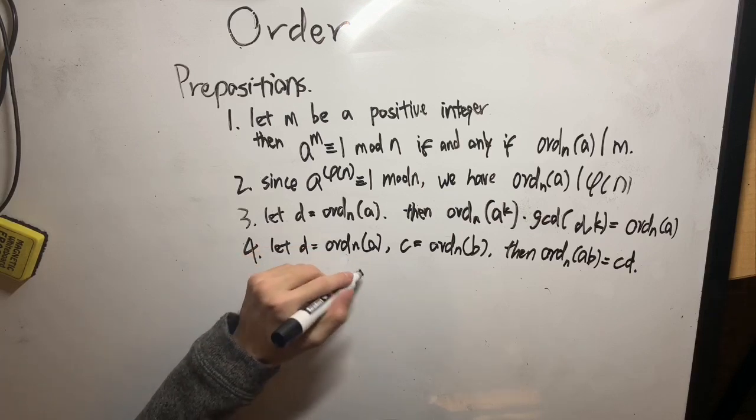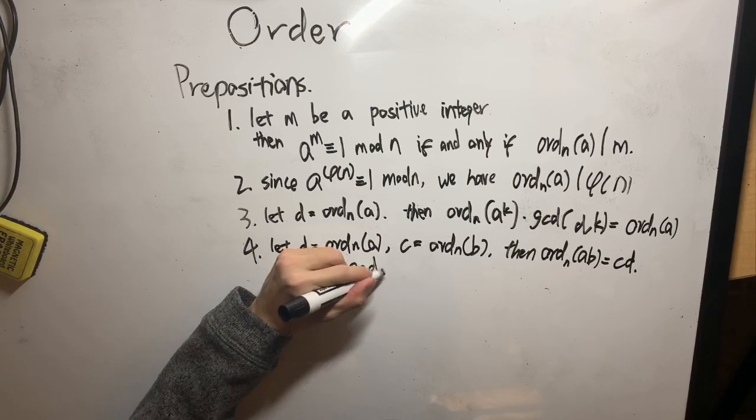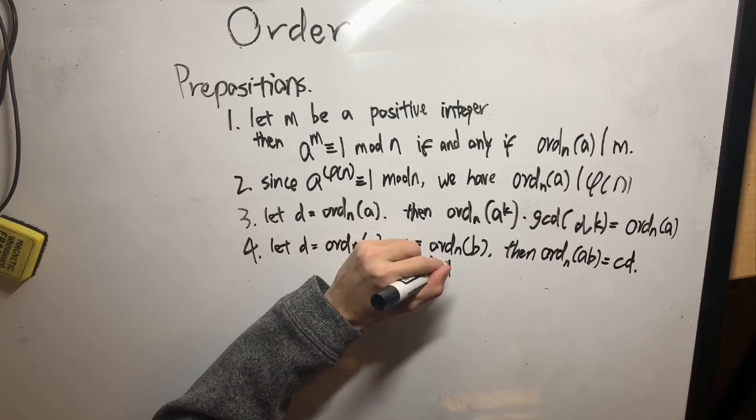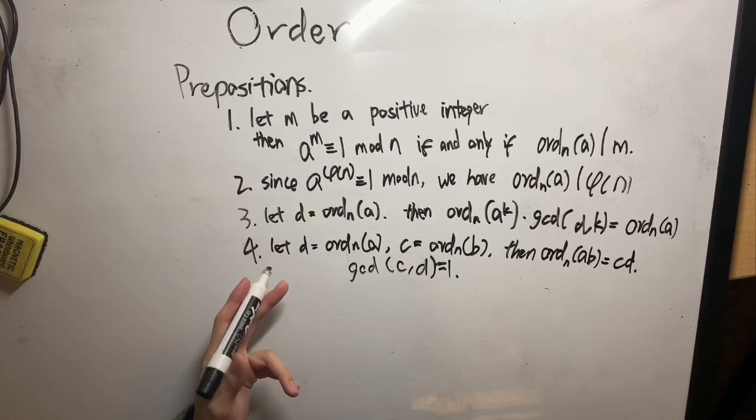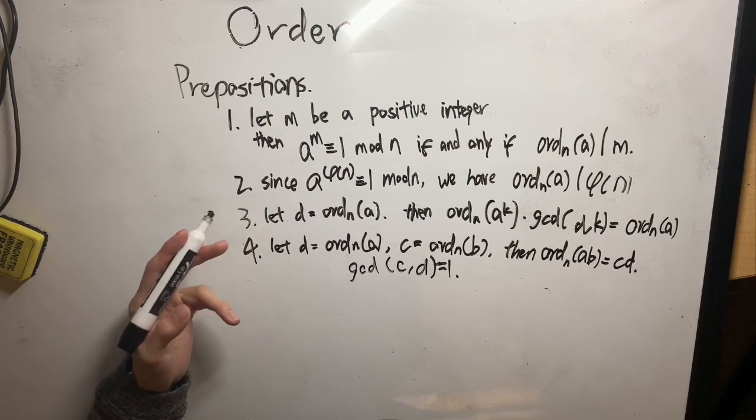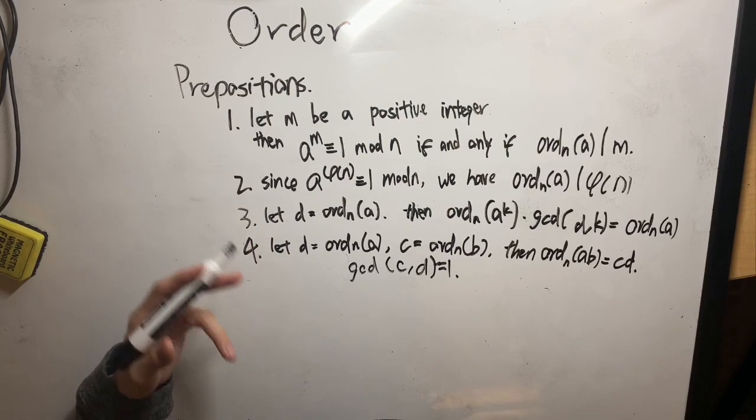This needs the case that the GCD of c and d equals 1. So here are the 4 propositions of order. Now let's see some questions.